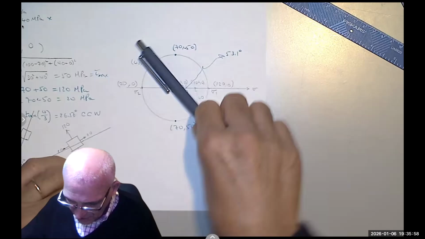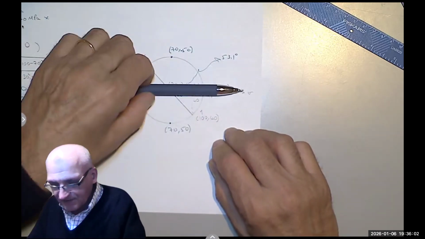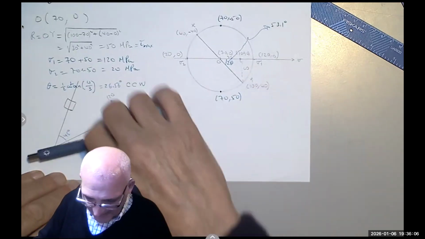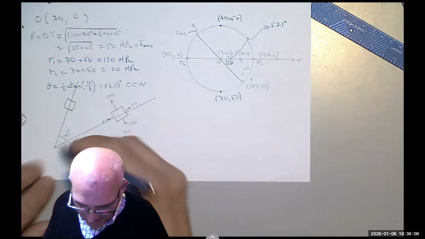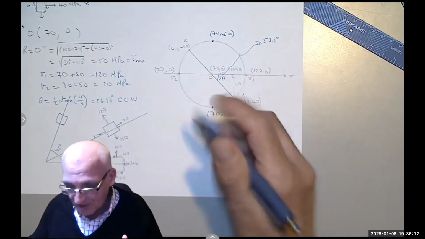I rotate it counterclockwise, and another counterclockwise. In fact, I can rotate clockwise from here. So I can go down 45 degrees and I will get a line like that. But you have to be careful which one you are going to use.